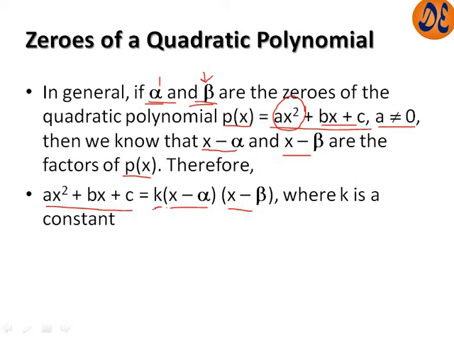Here k is there because it is a constant term which has no connection with x, meaning it is not existing in any term of the variable x. So it is only a constant term, so k is taken.